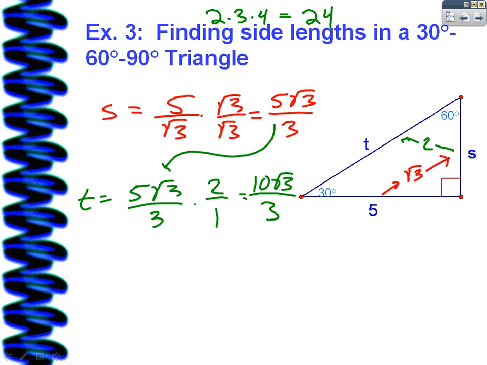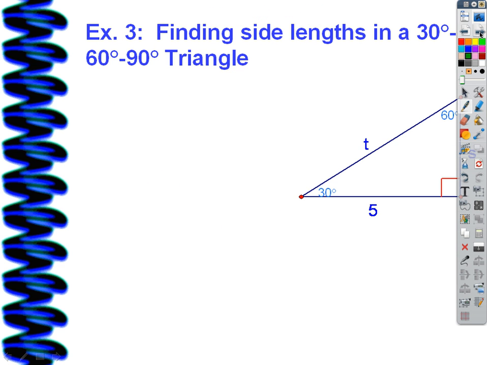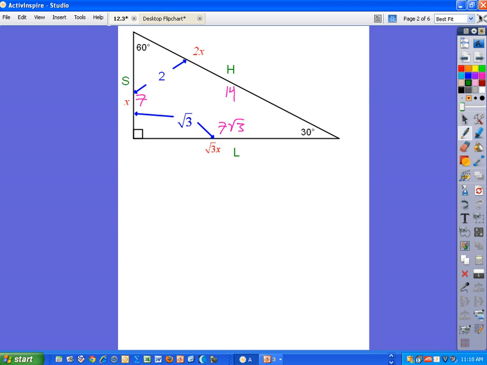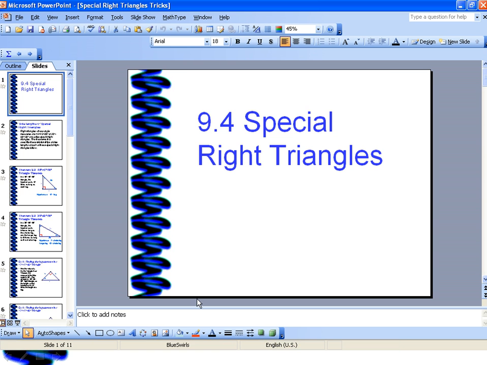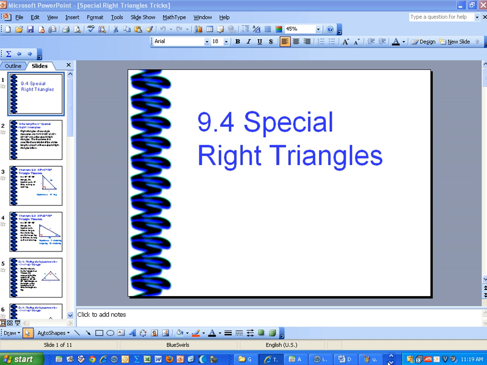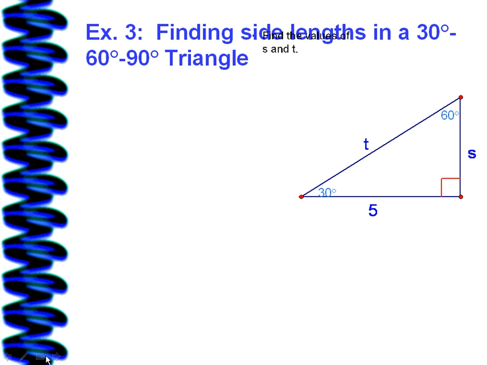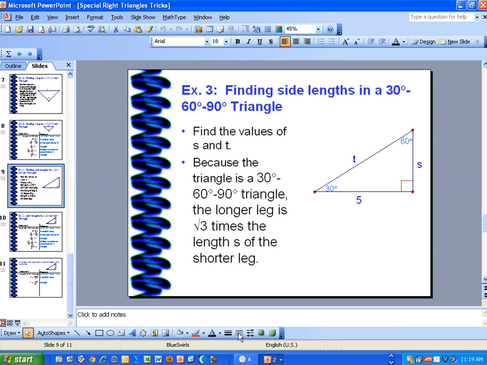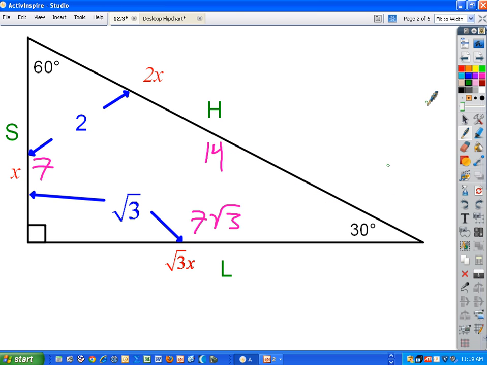Okay, so now why did we do that? We did that because we wanted to be able to jump ahead and look at, okay, because of this.